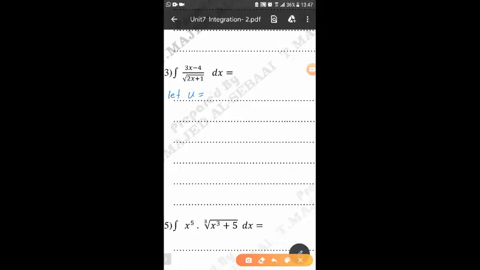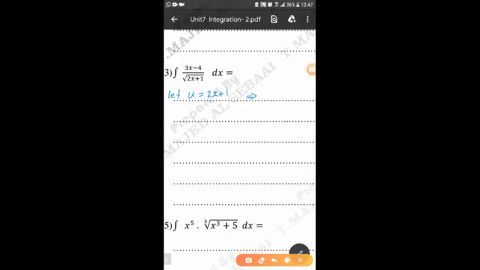What do you think? Is it good to do it 2x plus 1 or root? I will leave it this way. That means u equals, not u, I mean x.